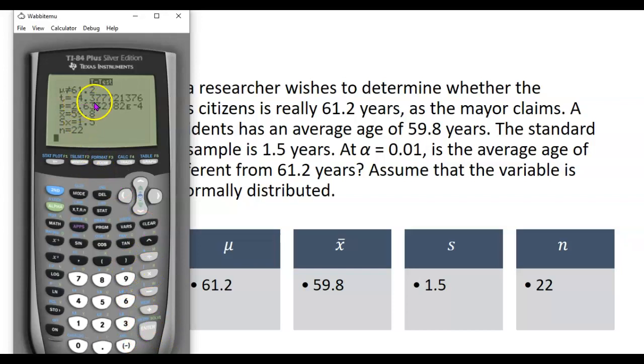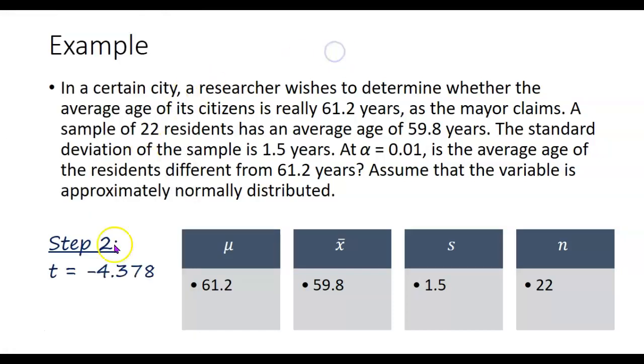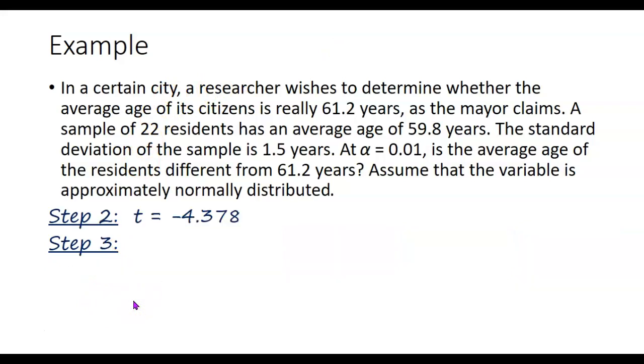T is negative 4.377 something, and P is, it gave it in scientific notation, but it would be 0.00026 something. Okay, so T was negative 4.378. And P, the P value was 0.000263.